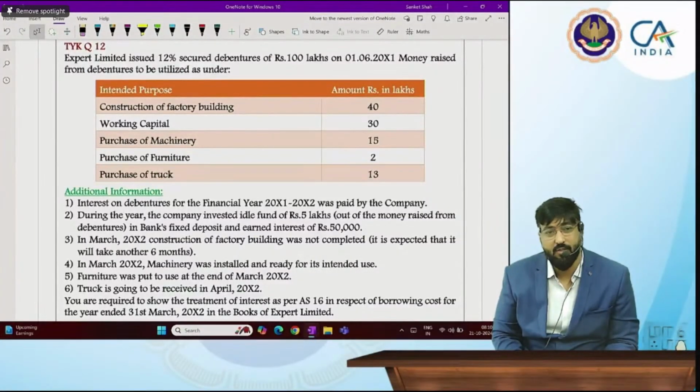All of you solve this question. This is added in your material for May 25. Yes, beta, it is like TYK 9, the same. Only detailed information is given. Rachna ji, tell the answer.